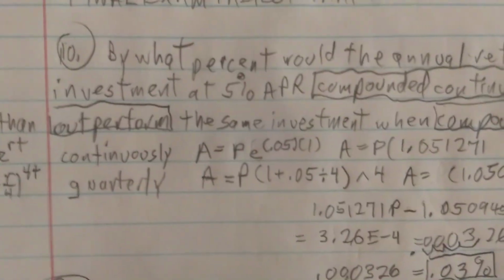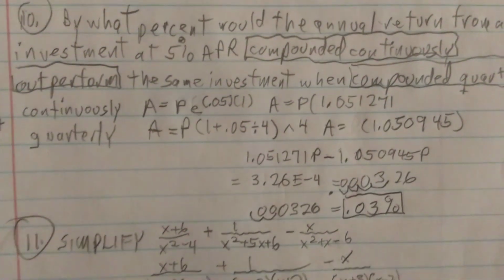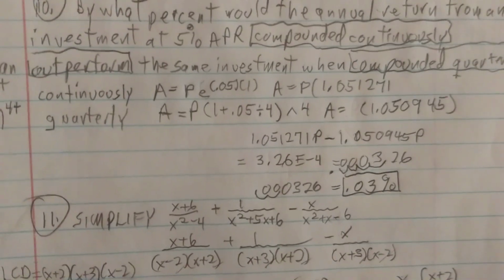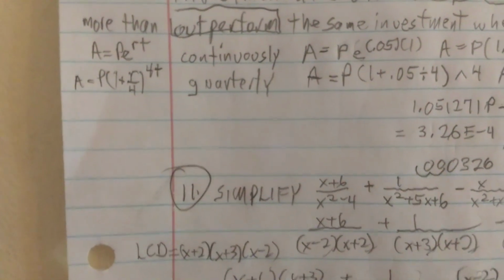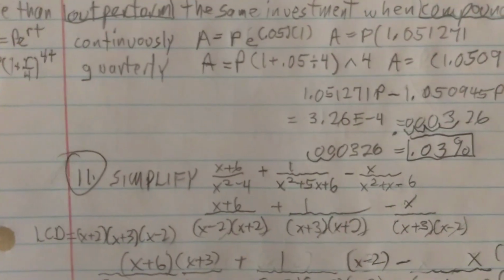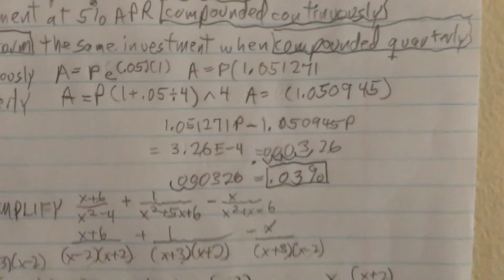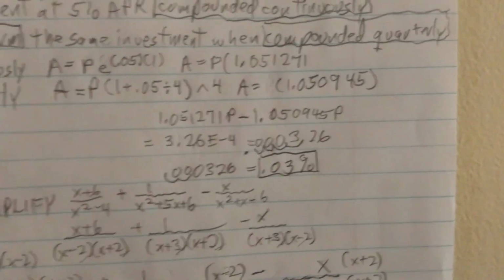Okay, now by what percent will the annual return from an investment at 5% compounded continuously differ? Now compounded continuously has the formula: the amount is equal to the principal times e to the rt, interest rate times time. Okay, we want to compare that with the same investment compounded quarterly.